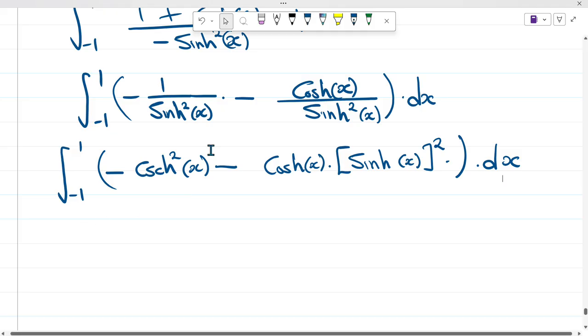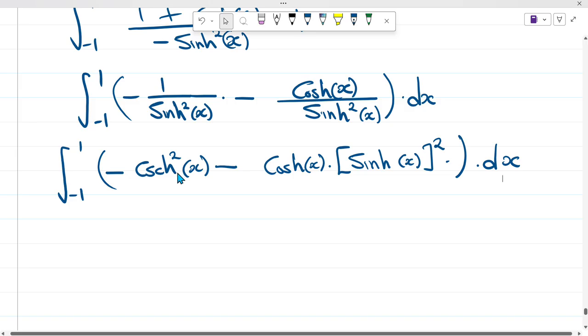Okay, so what you're gonna do here is integrate this one and then integrate that one, and then we put the limits. To integrate this one, we can see that definitely there was something that was integrated for us to get hyperbolic cosec squared, right? So we just need to ask ourselves, what is it that was differentiated for us to get negative hyperbolic cosec squared of x?